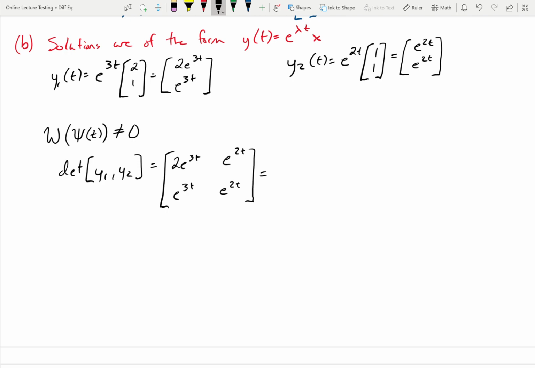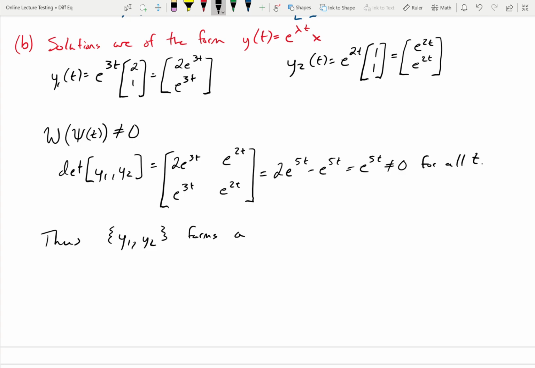This is equal to, cross multiplication, so we get 2e to the 5t minus e to the 5t, which is equal to e to the 5t. And this is not equal to 0 for all t. Therefore, or thus, the set y1, y2 forms a fundamental set on the interval from negative infinity to infinity. And that's all we have to do for that.